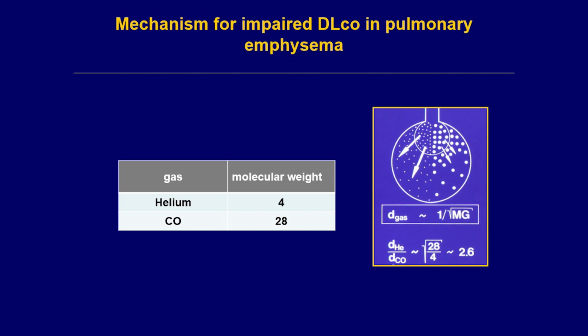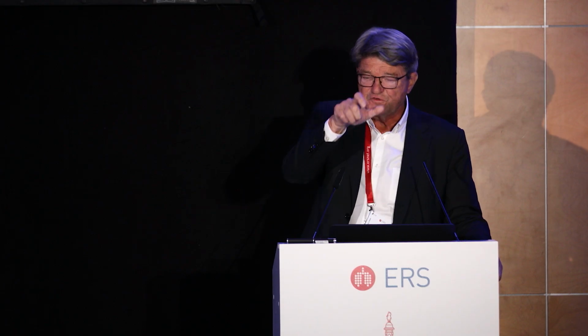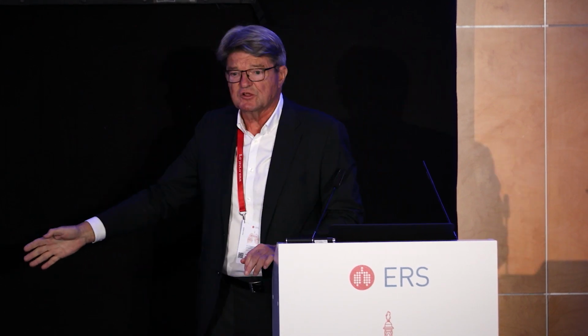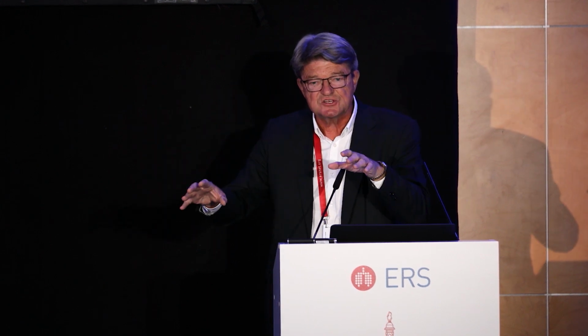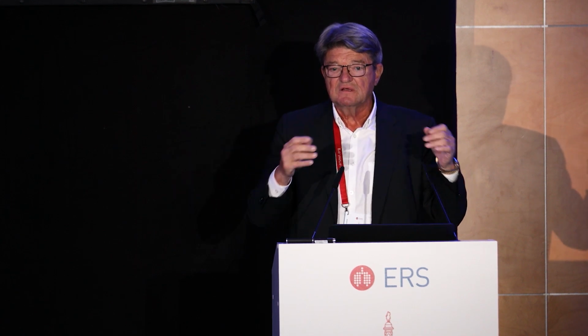And there's a law, Graham's law, of diffusivity in a gas phase. If CO is going from here to there, then CO is slower than helium, because helium is lighter. And if these two gases are entering the lung, then the equilibration within the lung may change according to the size and the anatomy of the air sacs.